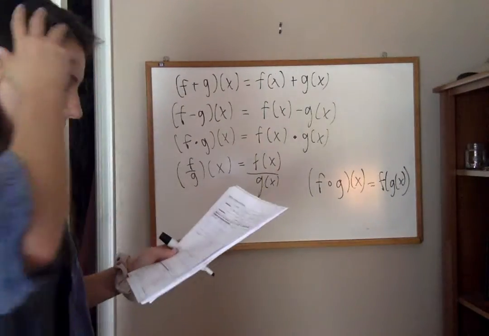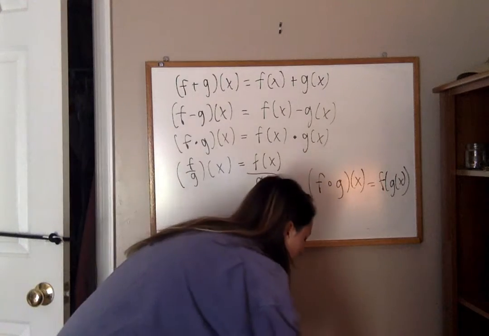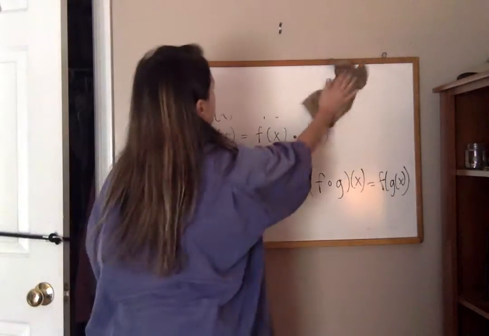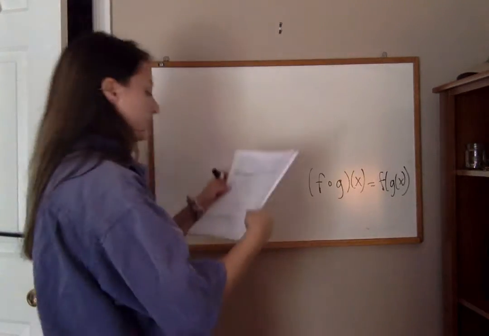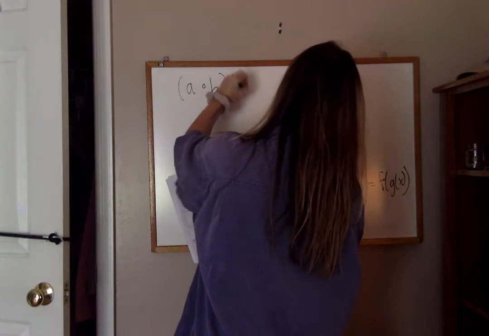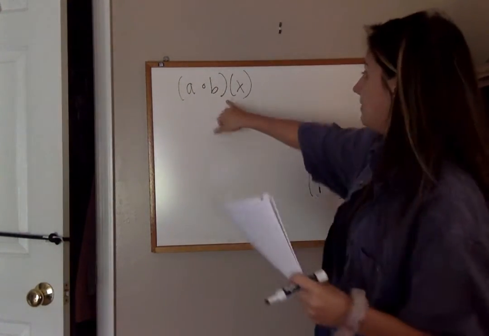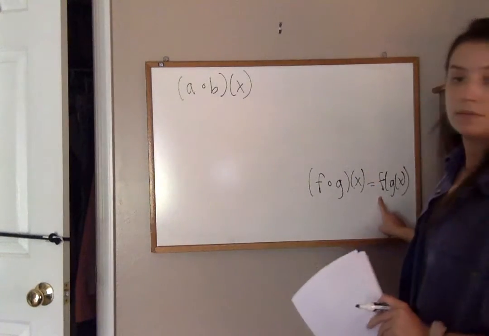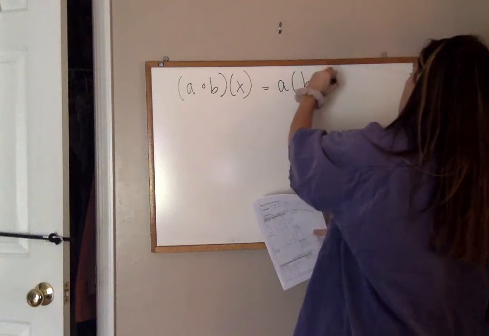So I want to show you, though, like for number 10, how this composition works. So number 10 says, a composed with b of x. So using this, I can rewrite this as a of b of x.